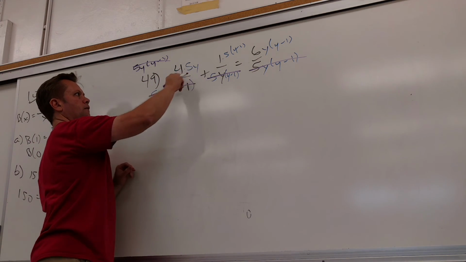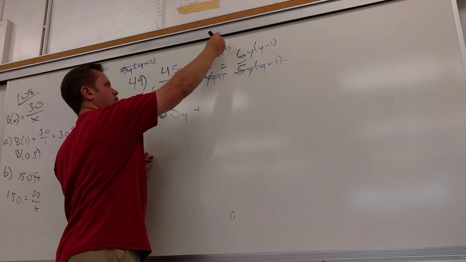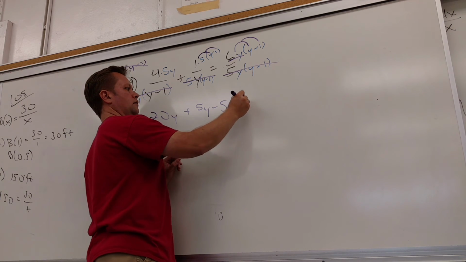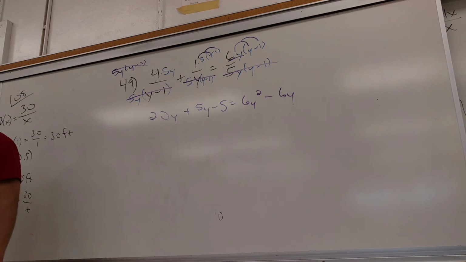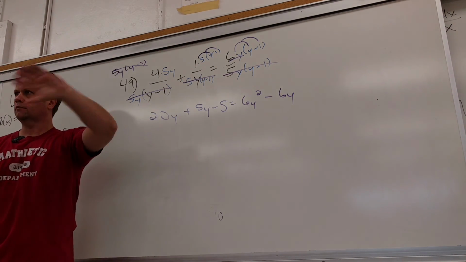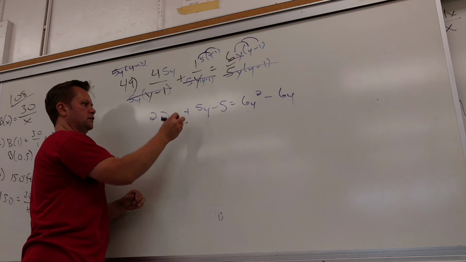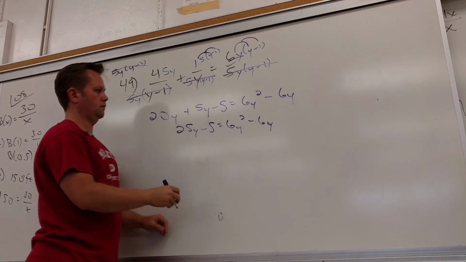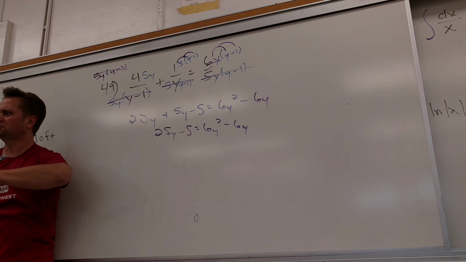So what do you get here? 20y plus 5y minus 5, 6y squared, minus 6y. Now I'm going to move everything that way so I can keep my y squared term positive. I can just put these together. So this is what you guys did?